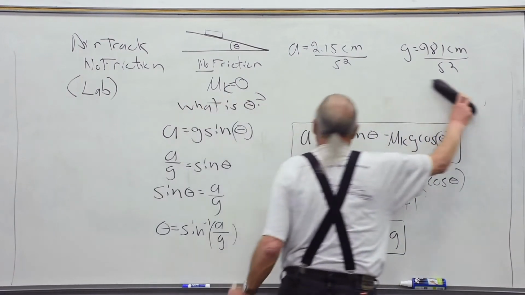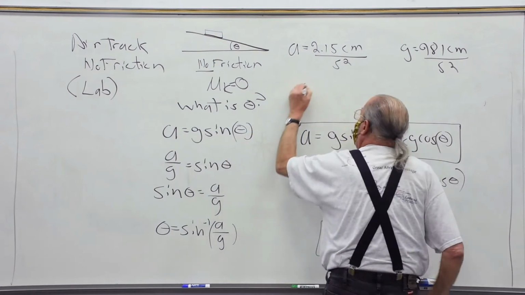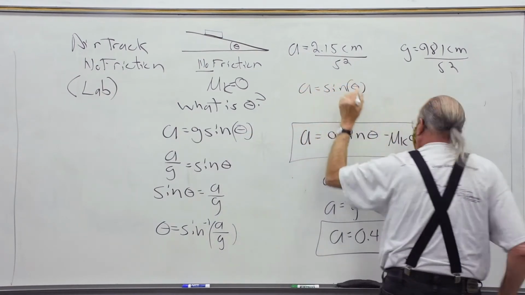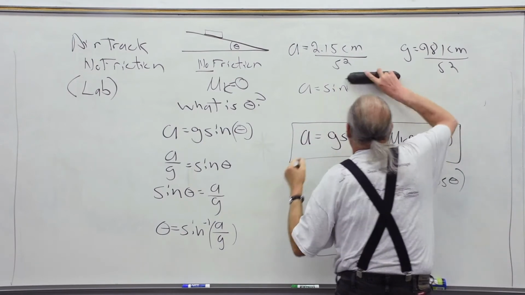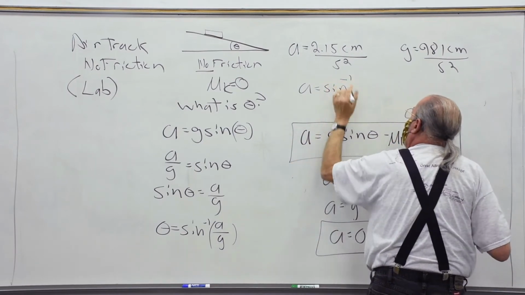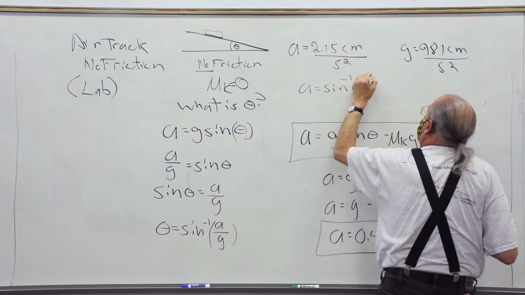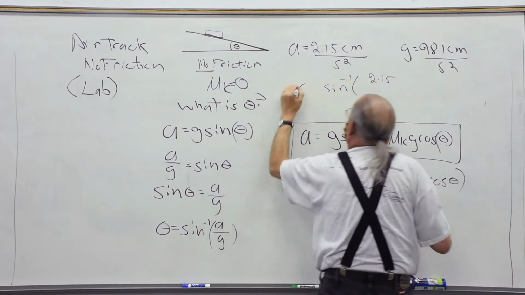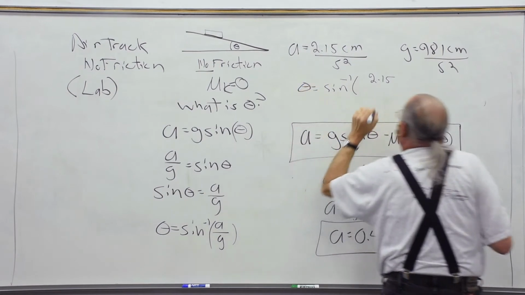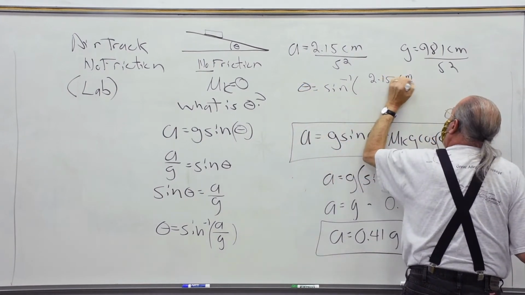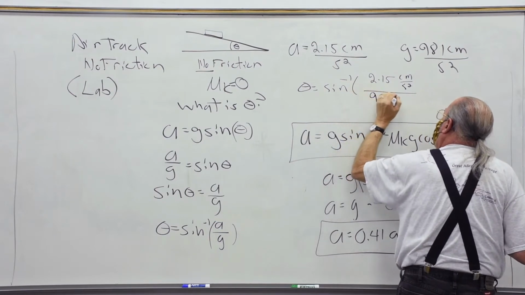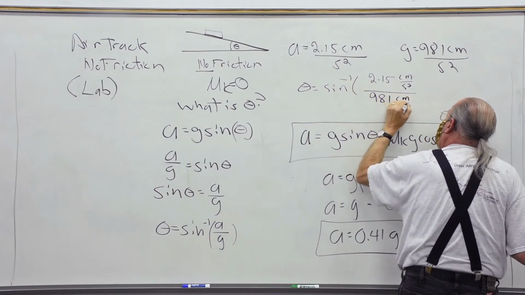So given that, theta is the arc sine of 2.15 centimeters per second squared divided by 981 centimeters per second squared.